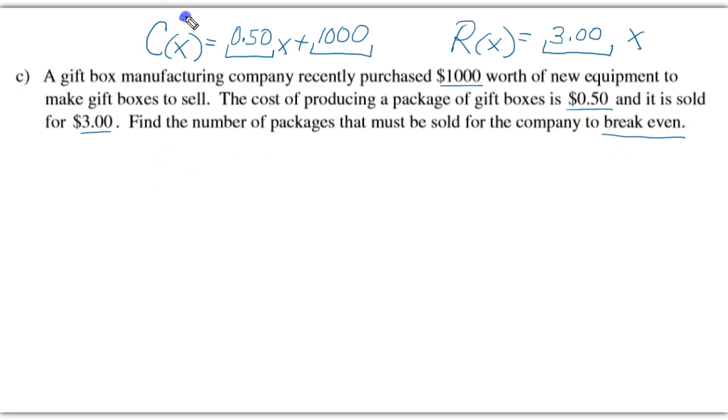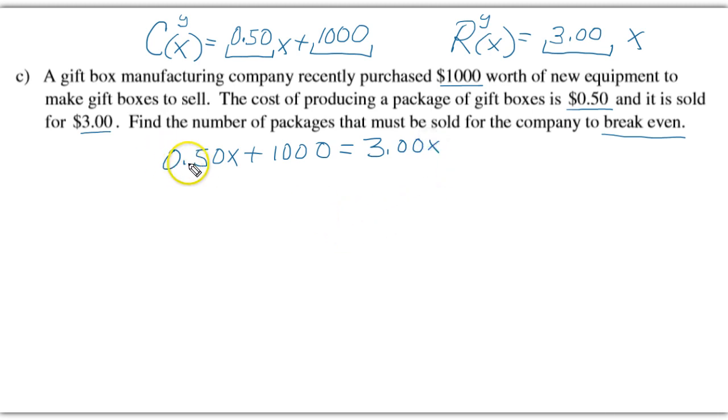Well, we said we could put a y there and a y there, and y equals y, so it's just 0.50x plus 1,000 equals $3x.